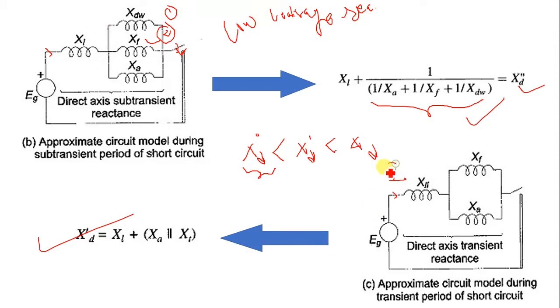So we are going to plot the oscillogram of your current, which changes with respect to your transient, subtransient and steady state reactance. Before that you have to understand that your subtransient reactance will be lesser than your transient reactance, and transient reactance will be lesser than your steady state reactance.